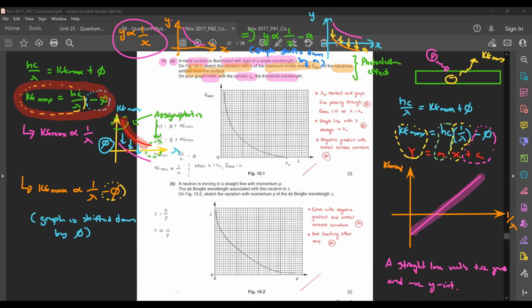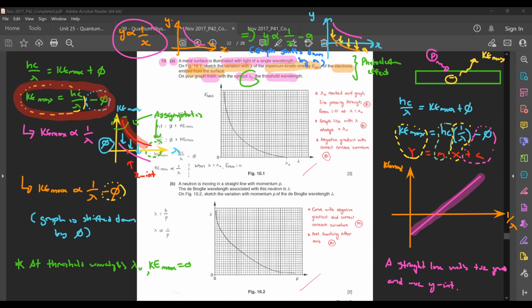When you shift it down, you are going to end up with an x-intercept here. If before you had an asymptote, now you have an actual x-intercept. To find out what your x-intercept is, you have to relate to what you've learned before about threshold wavelength, because your question did ask you to indicate your threshold wavelength. What you remember is that at threshold wavelength, lambda naught, KE max is 0.